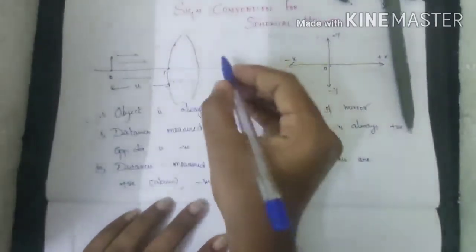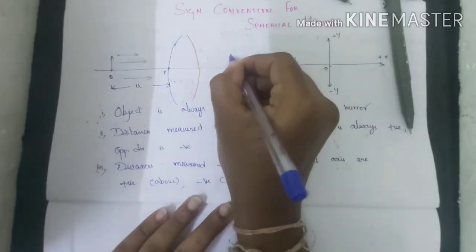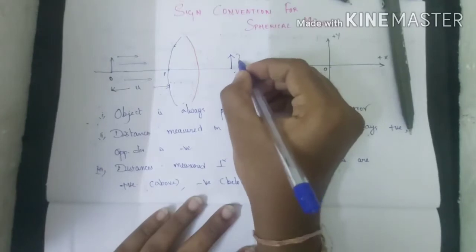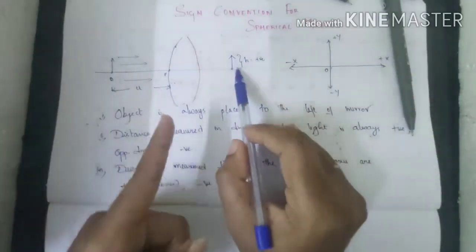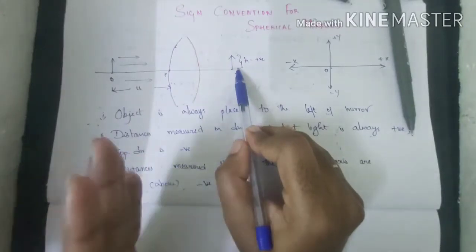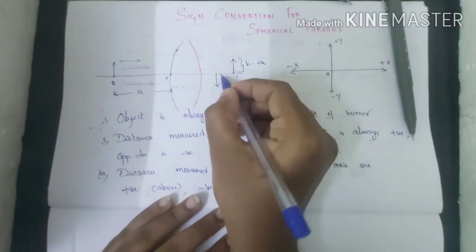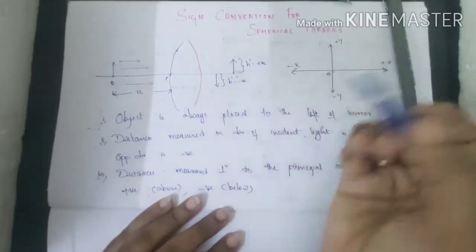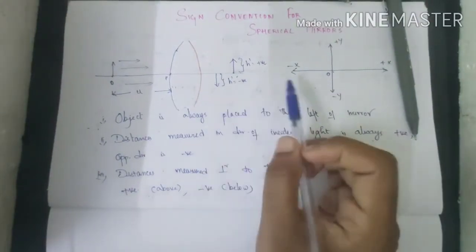Okay, so if we take the case where my image is formed over here, above the principal axis, the height of the image is positive, which means this image is a virtual erect image. If my image is formed over here, below the principal axis, then the height of the image is negative, which means the image that I have formed is a real and inverted image.